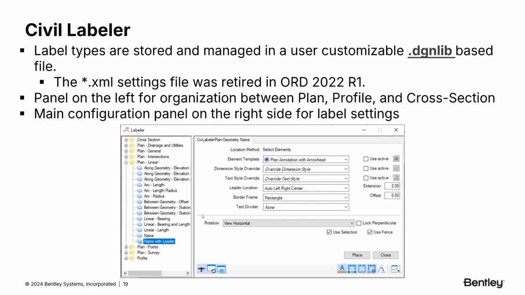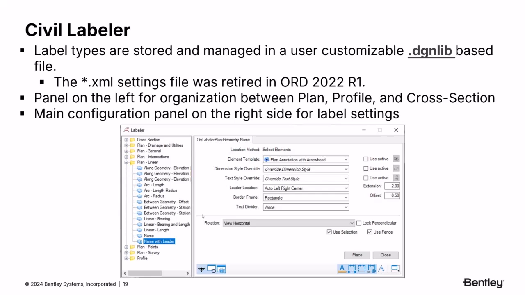So main point here, the latest and newer versions of ORD leverage and use DGN library-based files to manage the civil label definitions. And this makes it a lot easier to access, to manipulate or tweak from the end user perspective and from the workspace or CAD admin perspective rather, right?